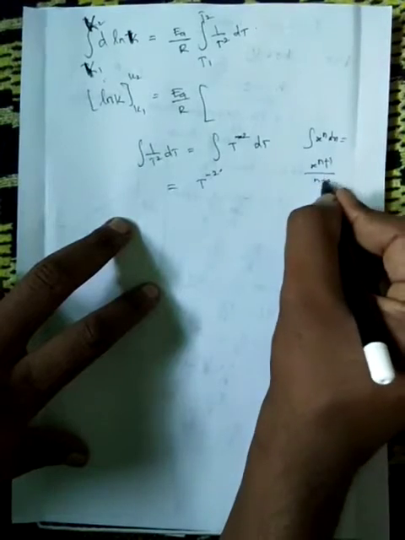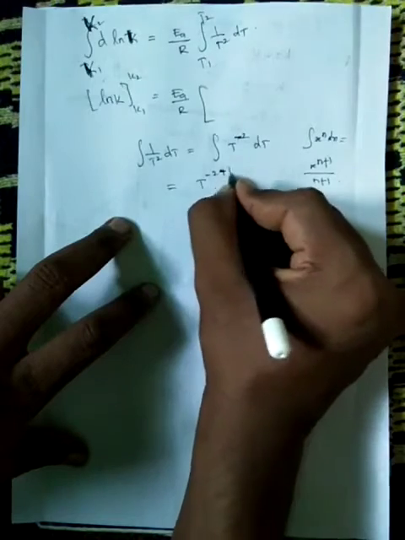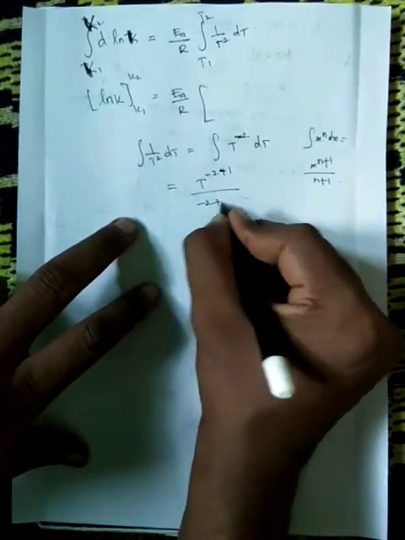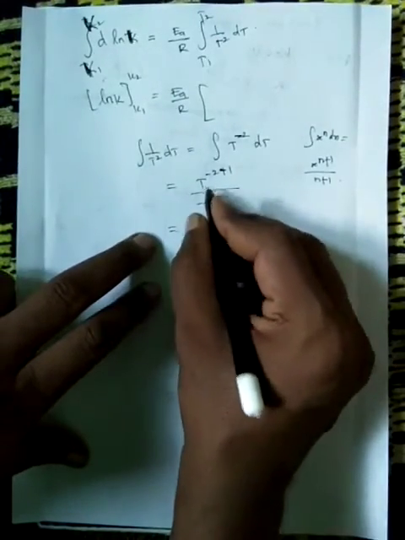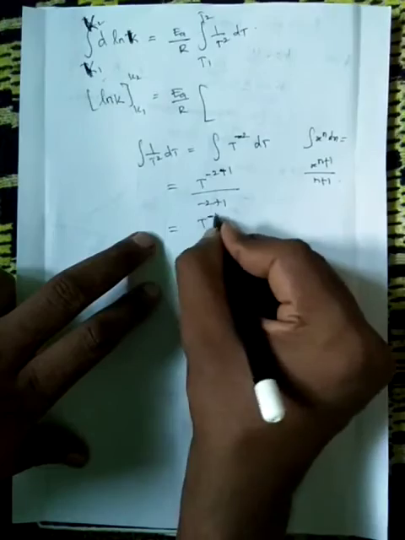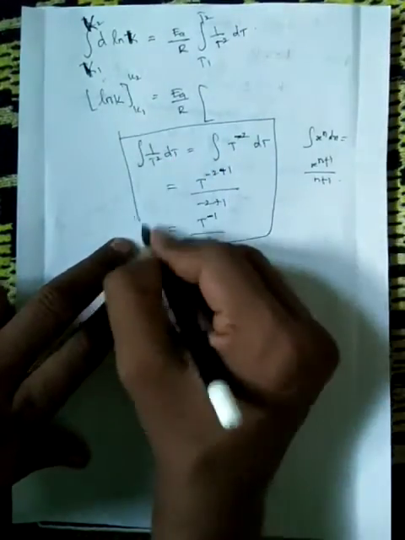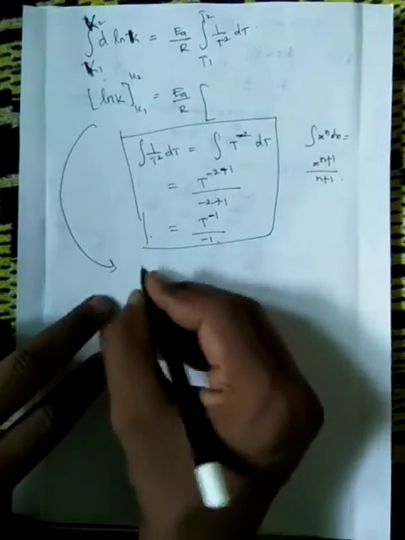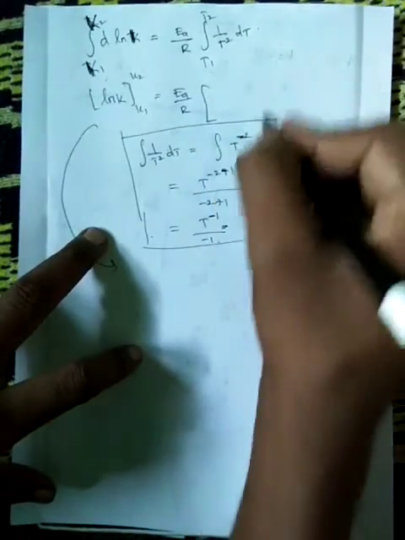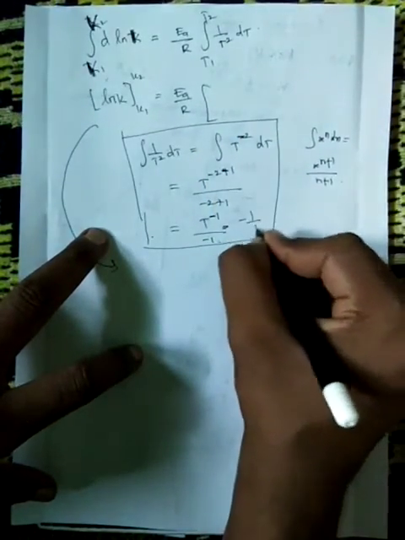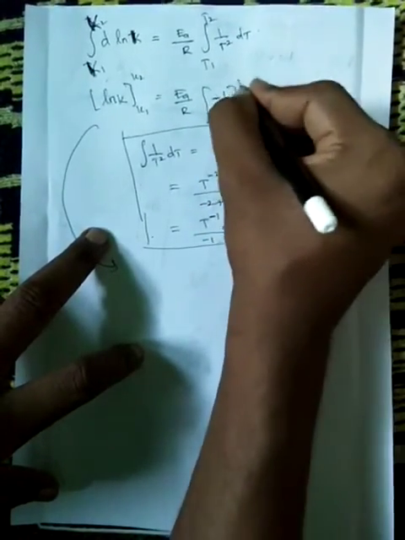Sorry, this is plus 1, it's not minus 1. So T power minus 2 plus 1 divided by minus 2 plus 1, which is T inverse divided by minus 1. This can be written as minus 1 by T, with the limits T1 and T2.